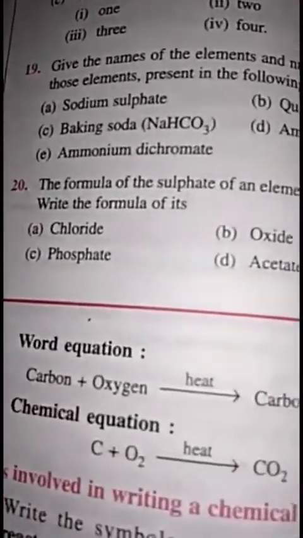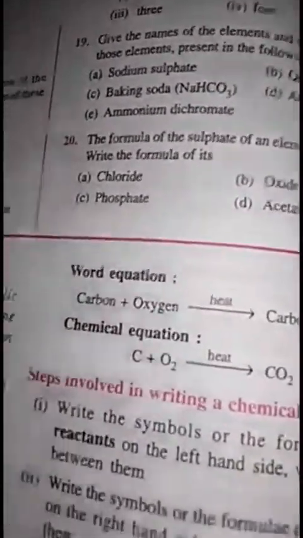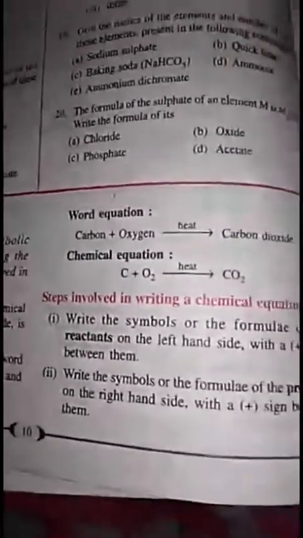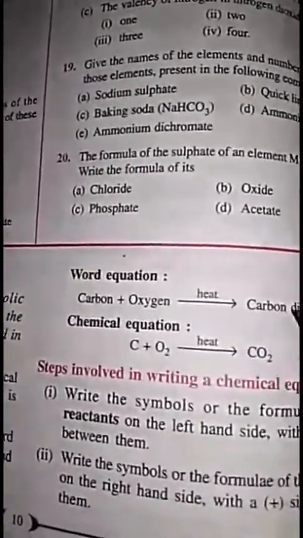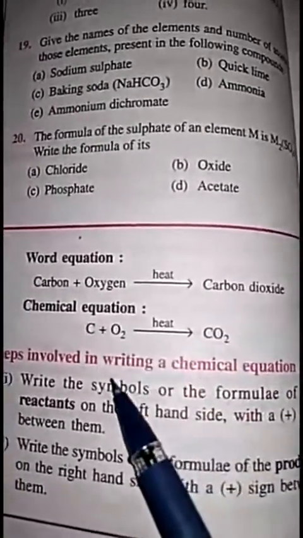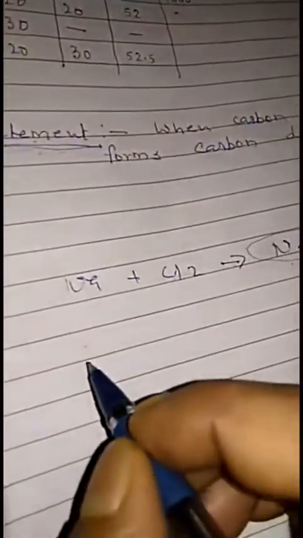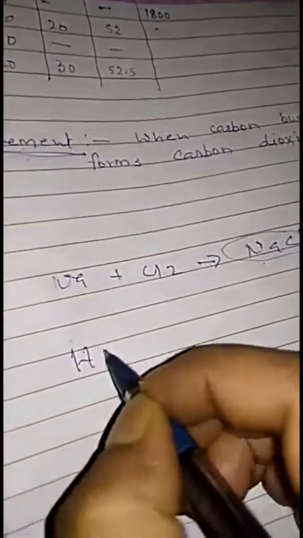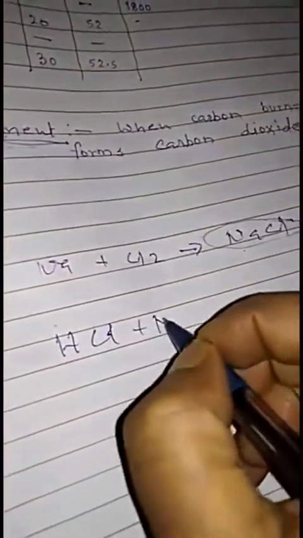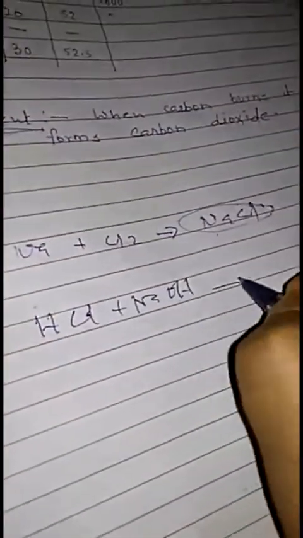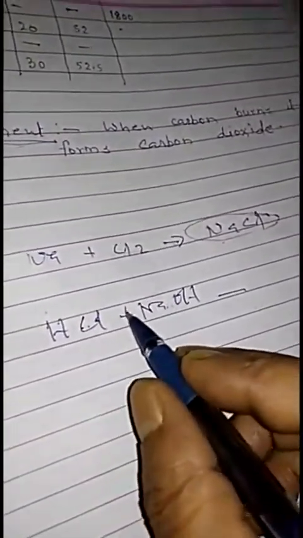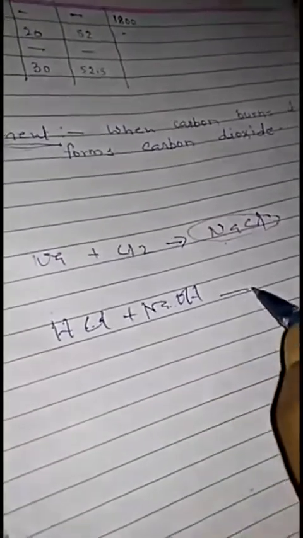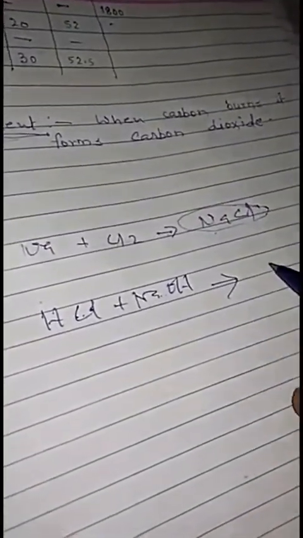Now, what are the steps involved in writing a chemical equation? First, write the symbol or formula of the reactants. For example, we will write HCl plus NaOH. These are the reactants. If two reactants are there, we write a plus sign. Then write an arrow.